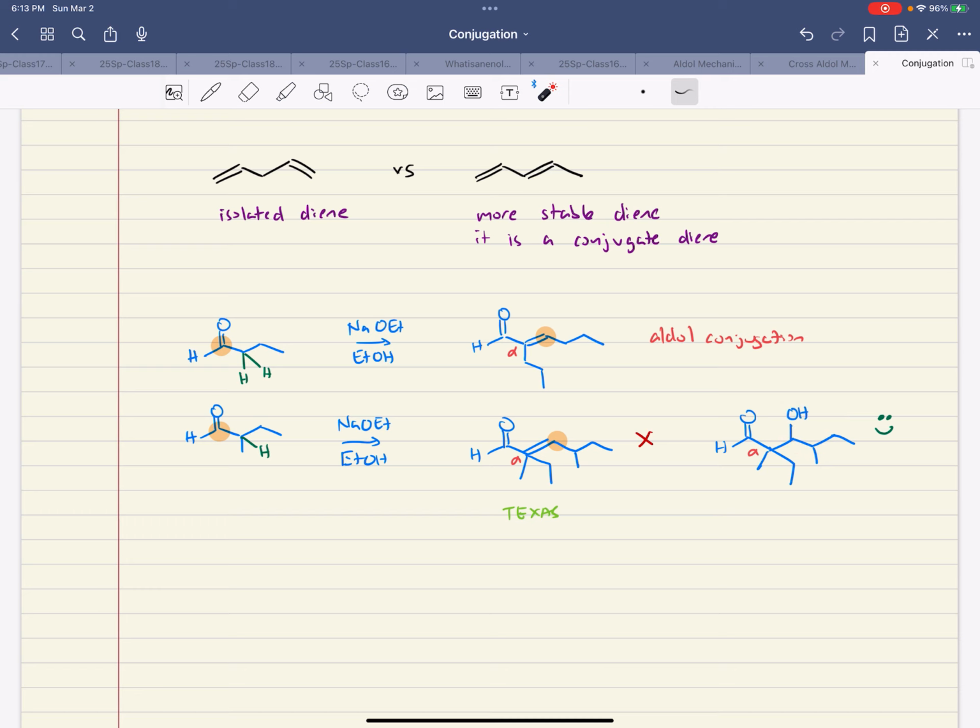But that's not conjugated. So in these conditions, I would stop at where the smiley face is, and this is your final product, which is different than what we had up here, where the conjugated system is the final product.